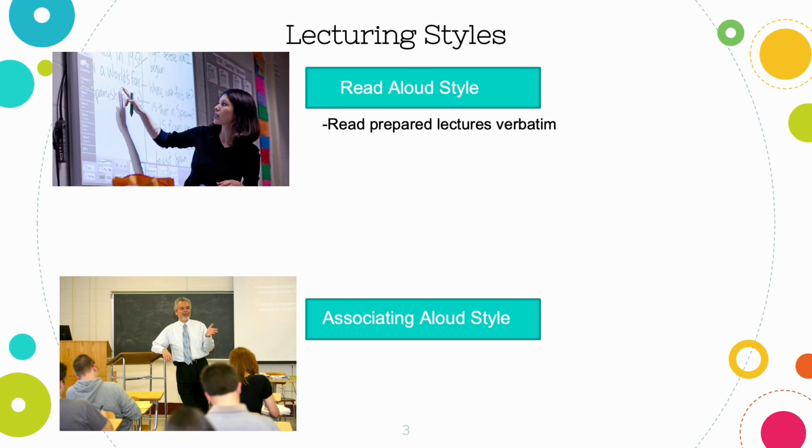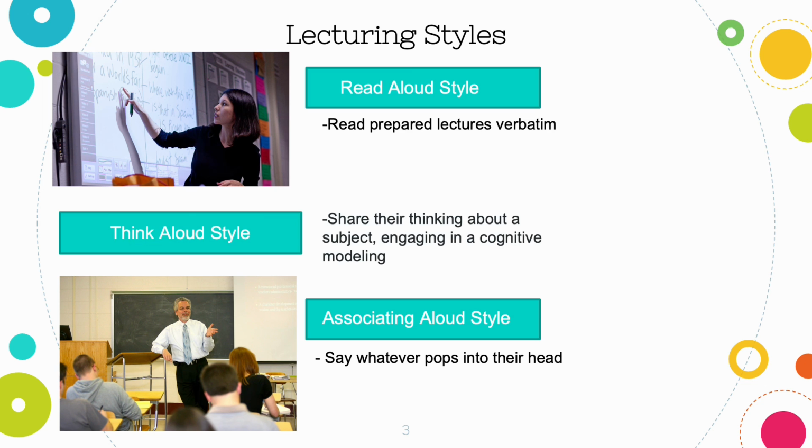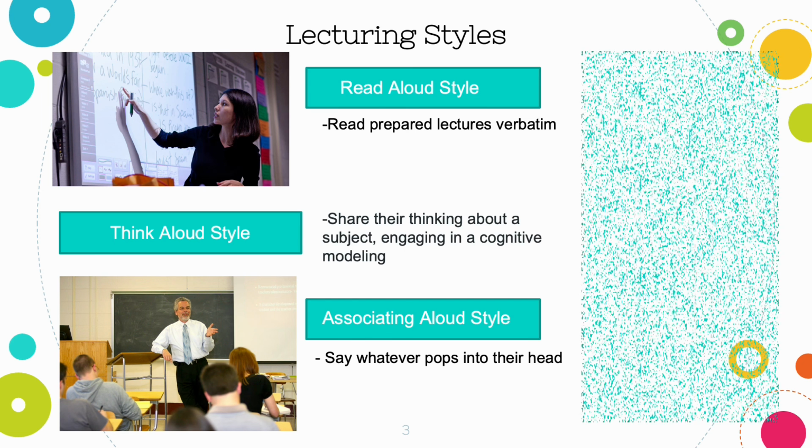And the associating aloud style is when a lecturer says whatever pops into their head, regardless of relevance to the topic at hand. The median of the two is considered a think aloud style, where the lecturer shares their thinking about a topic, which helps the students learn how to approach information the way an expert would on the subject.